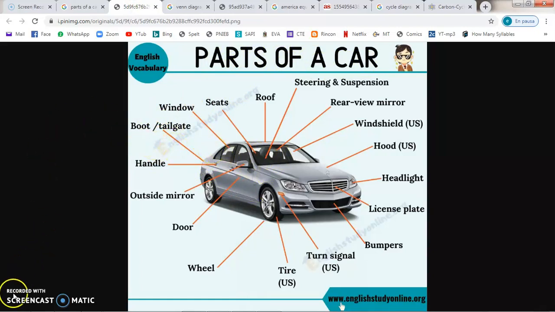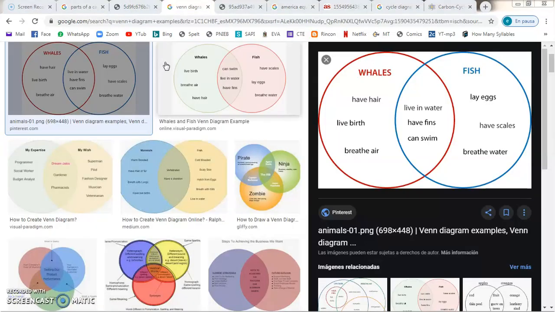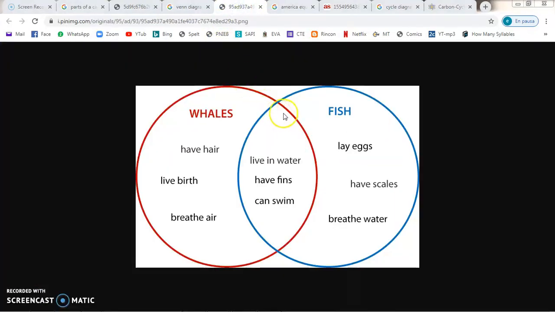This is a regular diagram. Also, we need to keep in mind the Venn diagram, like this one here. In this case, this describes the characteristics of whales and fish, ballenas, pescados, and what they have.